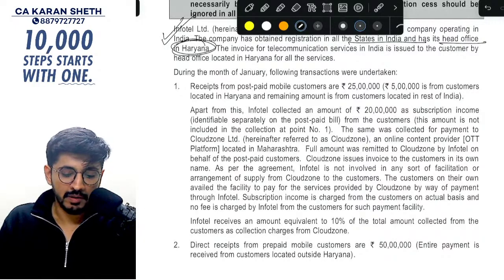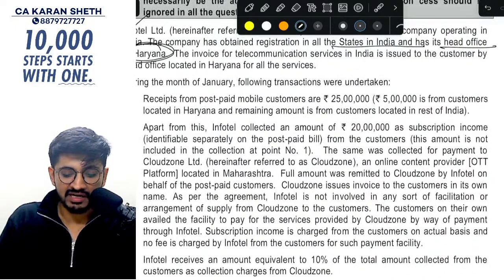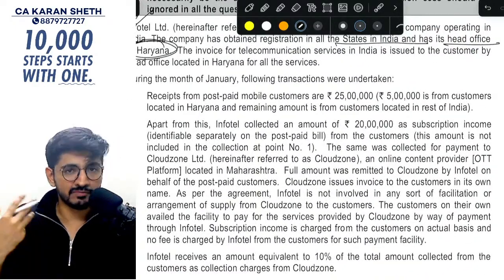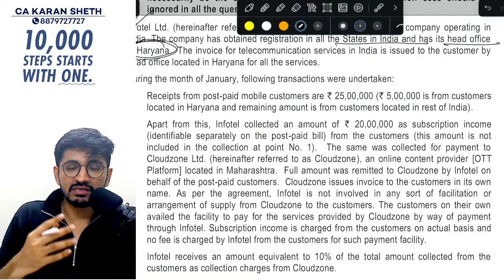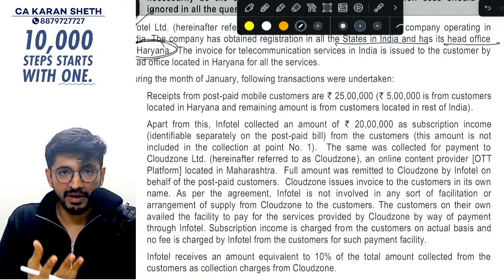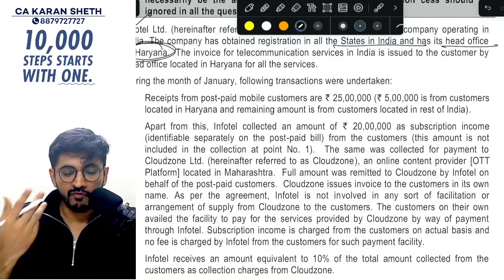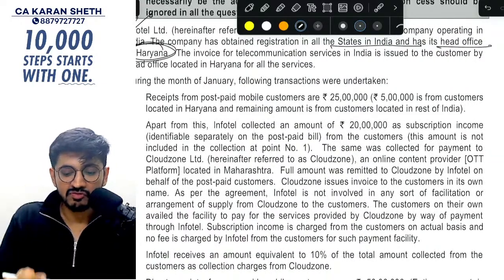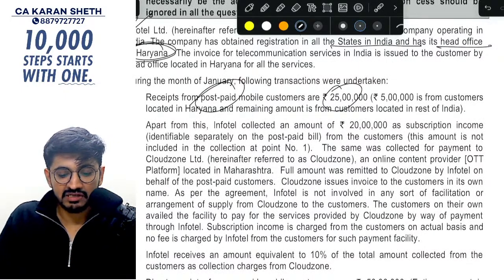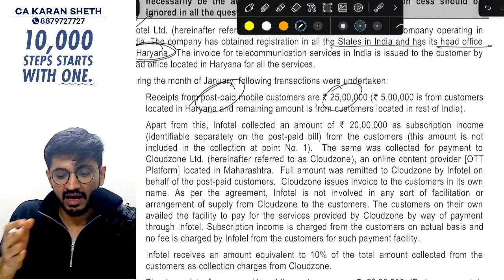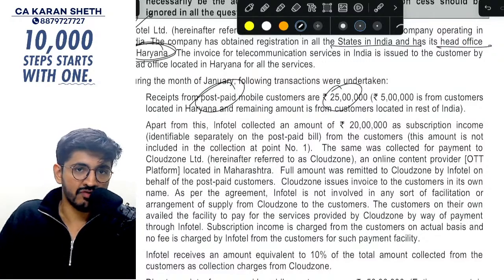Point number one, receipts from postpaid connections. It's a telecom company, so it will have revenue through subscriptions, that is the postpaid connection, prepaid connection, and all of that. The first item in this case is receipts from postpaid connection, 25 lakhs. 5 lakhs is from customers located in Haryana and the remaining in rest of India.